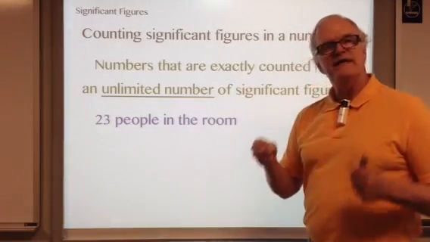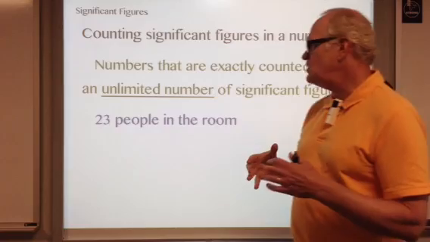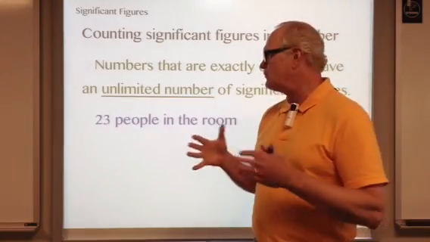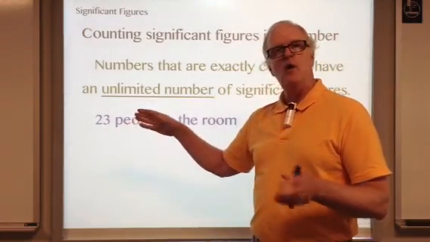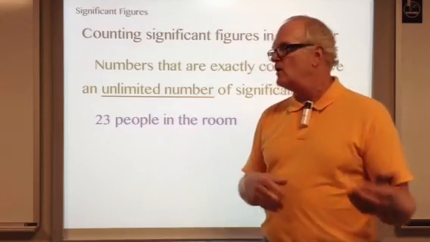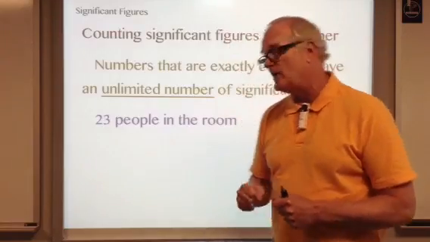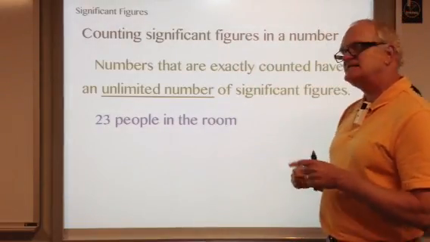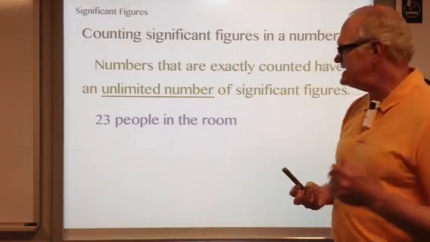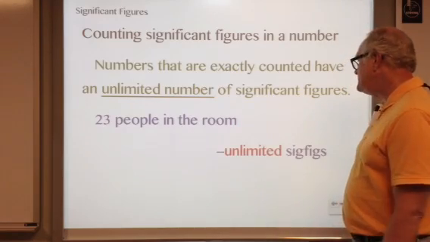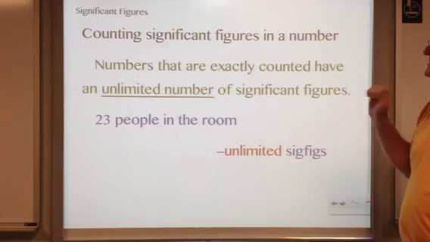Well, that's a number that we can count exactly. There's no question of whether somebody rounded that number off. It wasn't ever 23.1 or 22.9. If it was 24, they would have written down 24. So we can say that this is an exact number. That is to say, it has an unlimited number of significant figures.